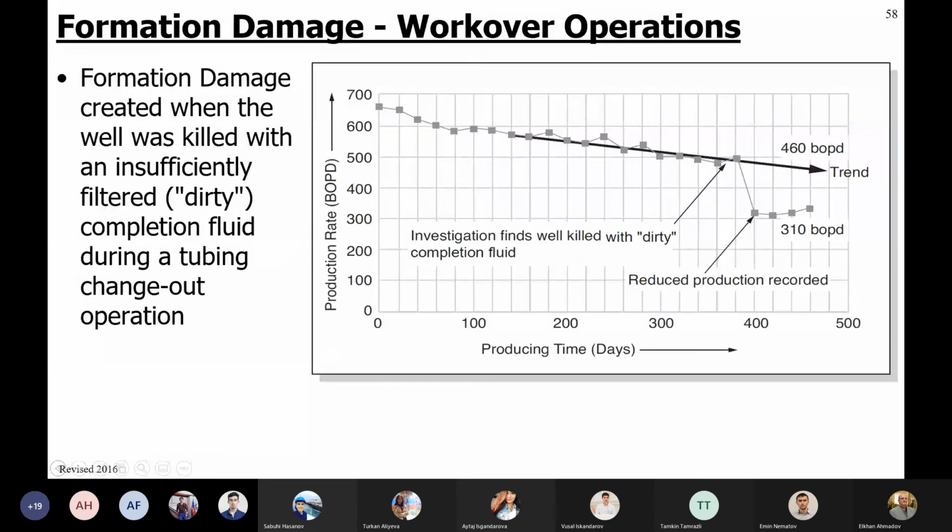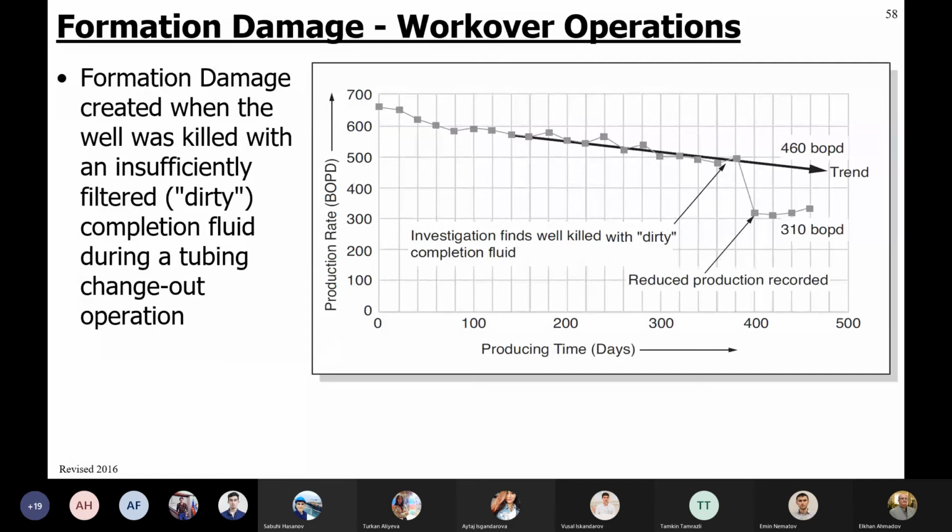The insufficiently filtered or cleaned water, the completion fluid or workover fluid, caused a decline in the well production, and as time went by, the production almost halved from this well, just because of the wrongly designed or wrongly selected completion fluid.